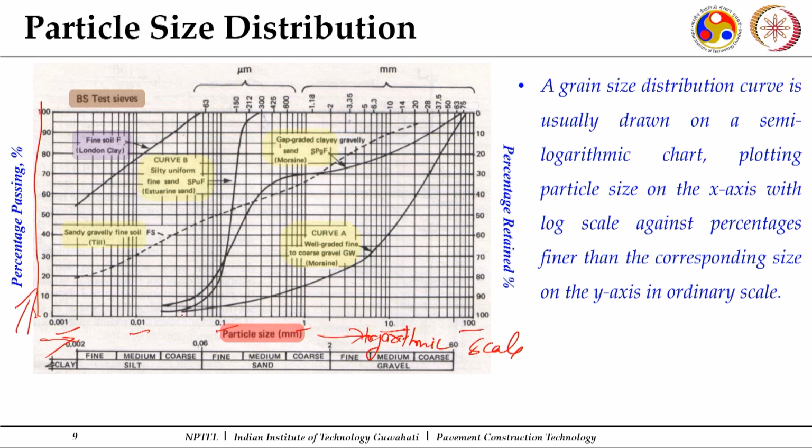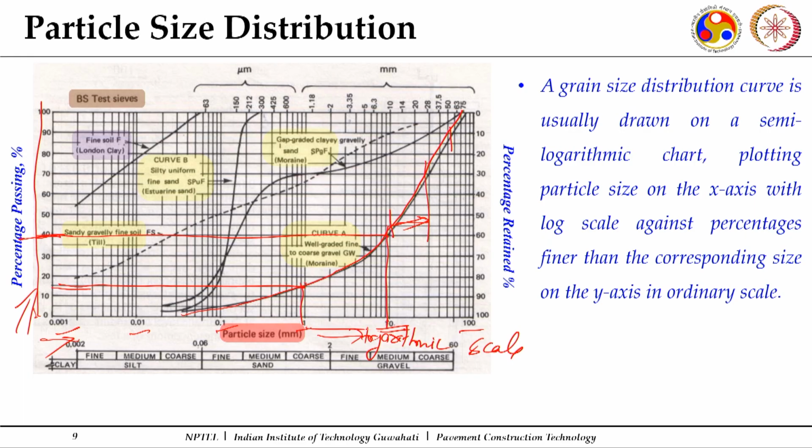Now, this is one size distribution curve. You can see there is a range of material present between these sieve sizes also. So, if this is 1 mm and this is 10 mm, you can see 40% is passing for 10 mm, and for 1 mm I can see around 15% passing.